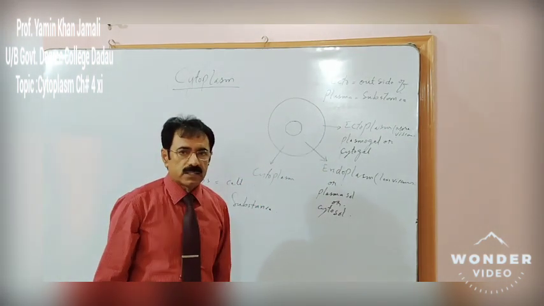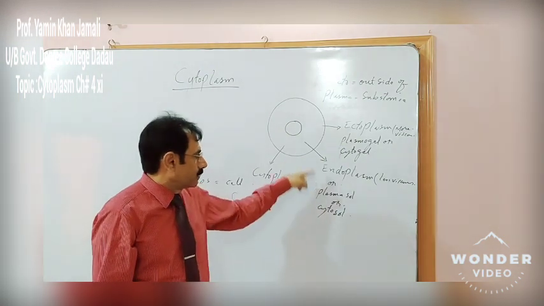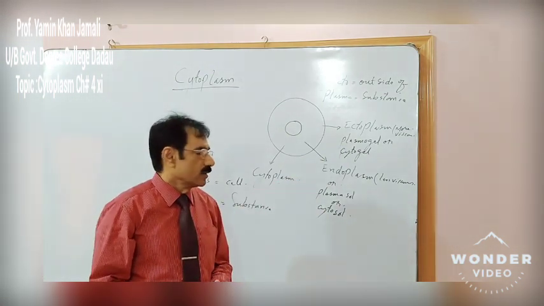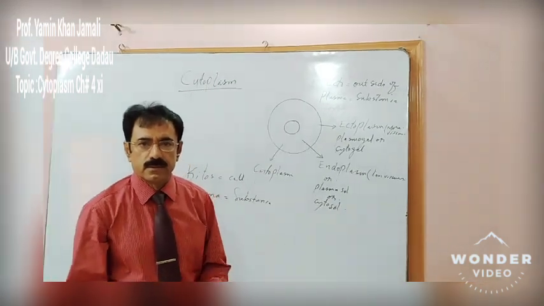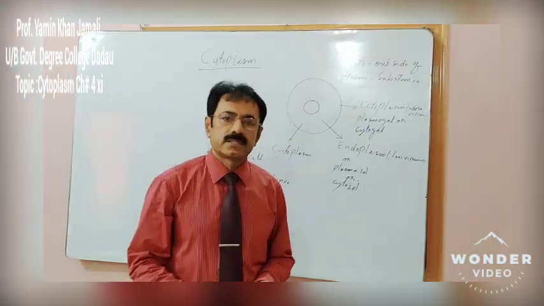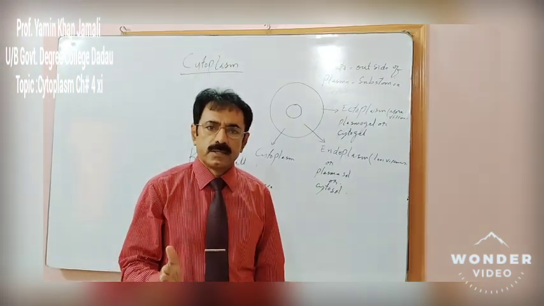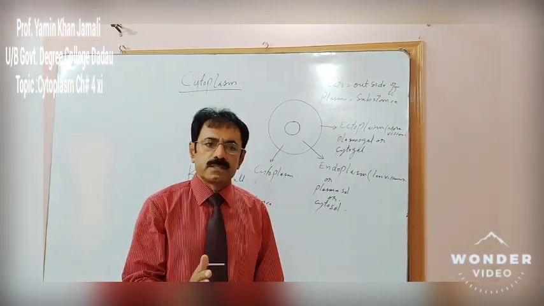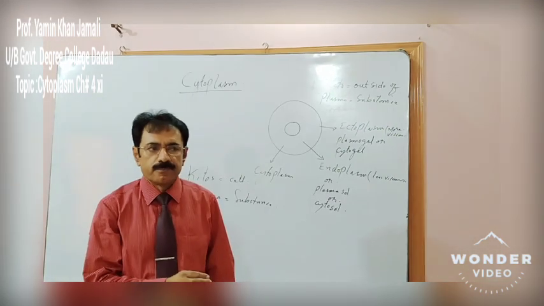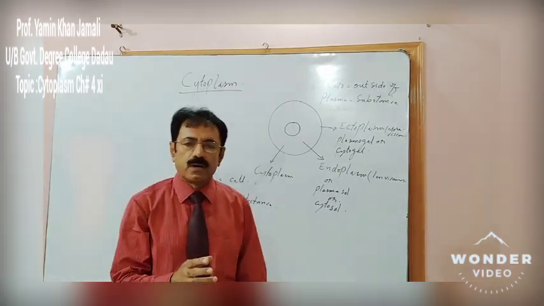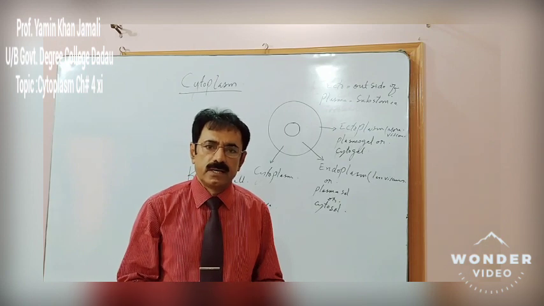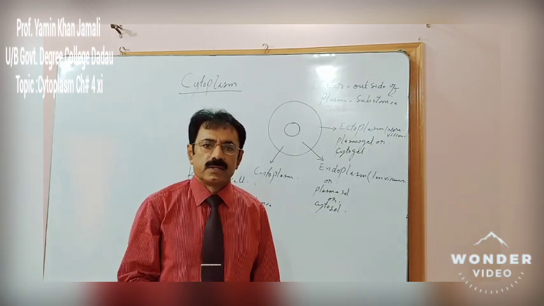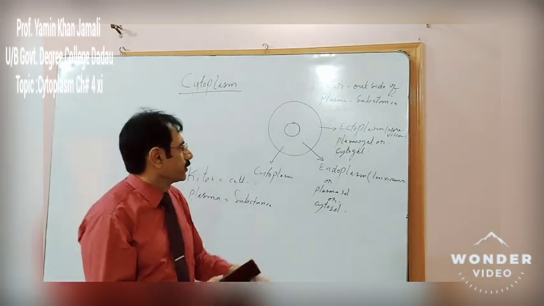The inner cytoplasmic material, the endoplasm, which you may call plasma sol or cytosol, contains organelles. These organelles, the mitochondria, Golgi bodies, endoplasmic reticulum, plastids and lysosomes, all these subcellular particles, lie in the cytosol.